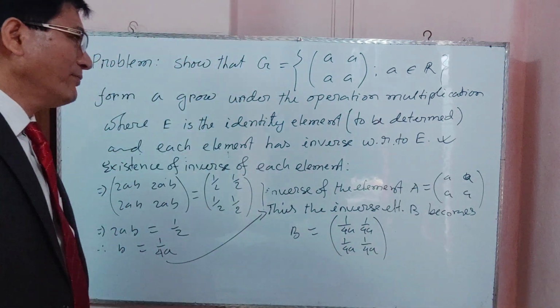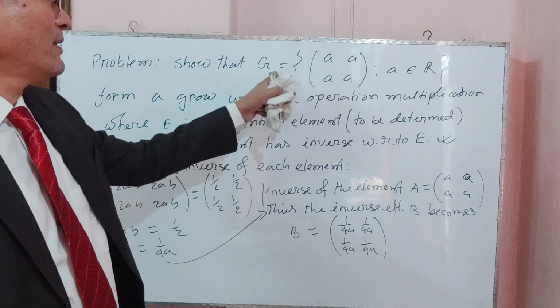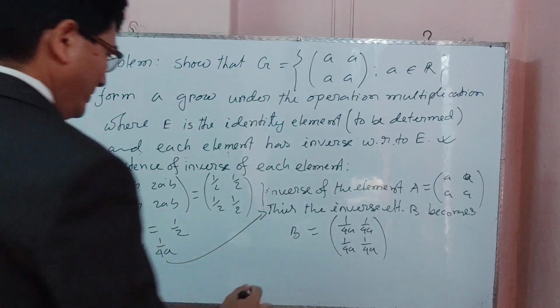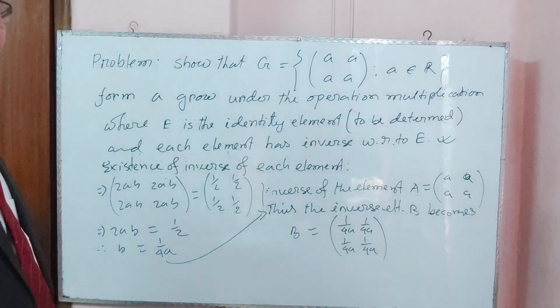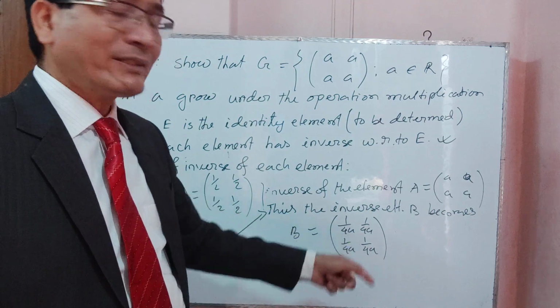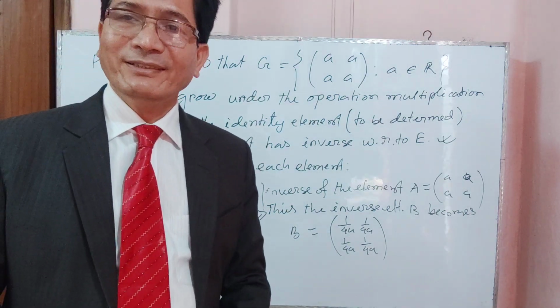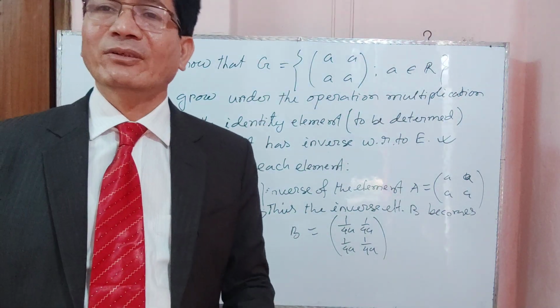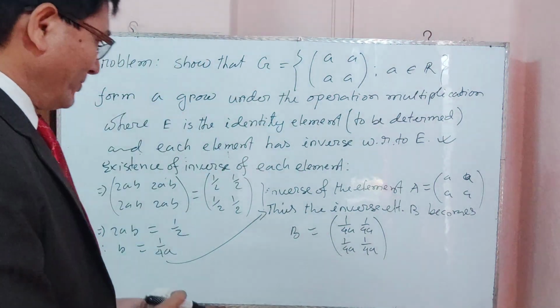All the entries are the same, so it once again belongs to Z. Here A was arbitrary, so whatever A is, there will exist an inverse element of each element.